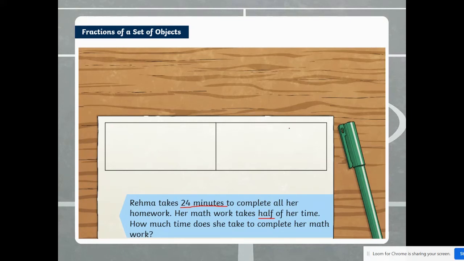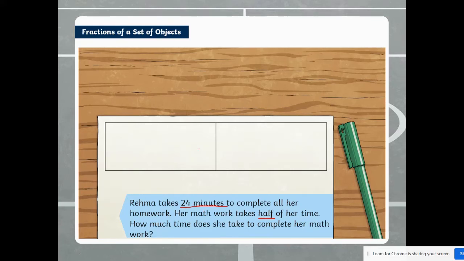Here, this rectangle or this bar represents the total amount of time that she takes, which is 24 minutes. And then we divide this whole into however many parts you need to. Here, we need to divide it into half because we have to find half of 24 minutes.